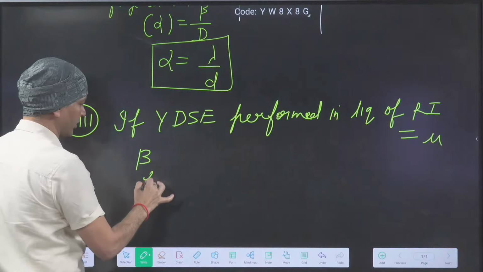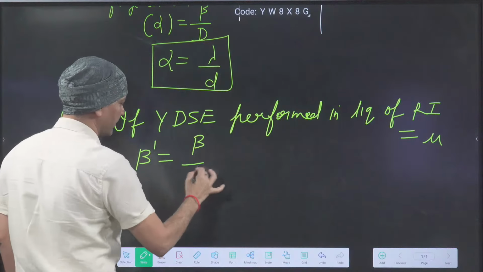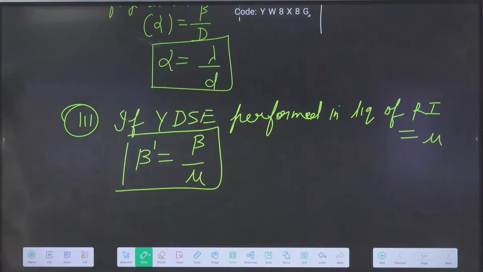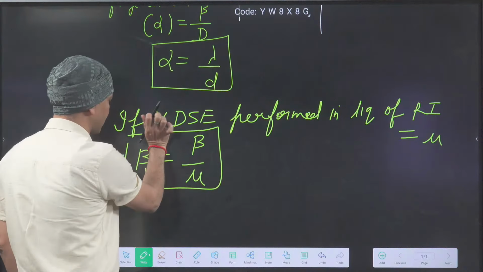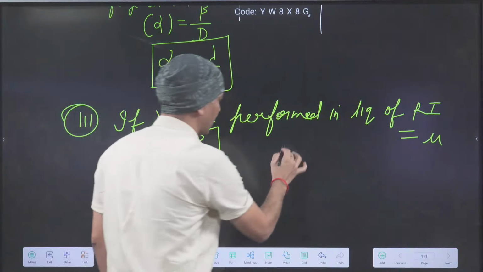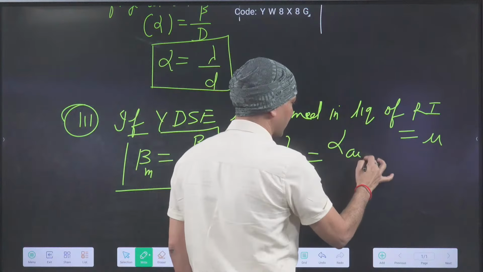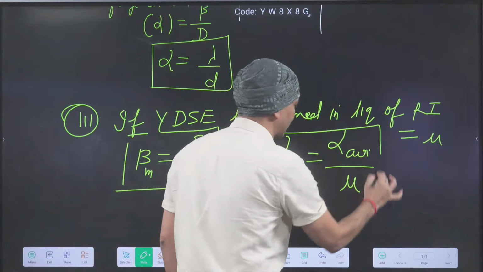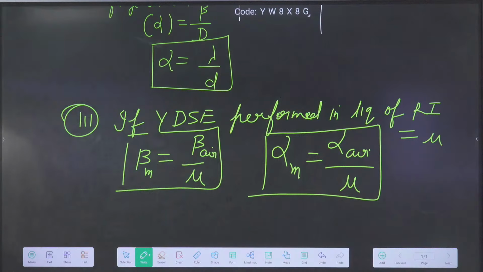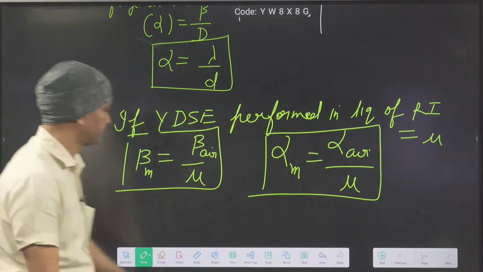So beta in the liquid, or beta dash, is beta air by mu, and alpha in the medium is alpha air by mu. Because in both formulas lambda is in the numerator, so I replace lambda by lambda by mu. Completed?